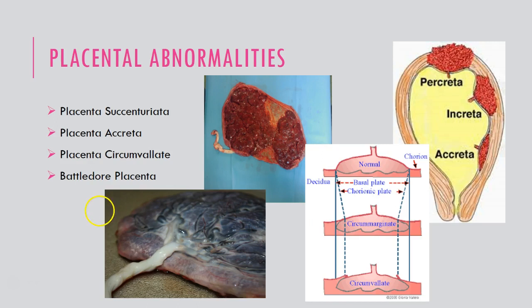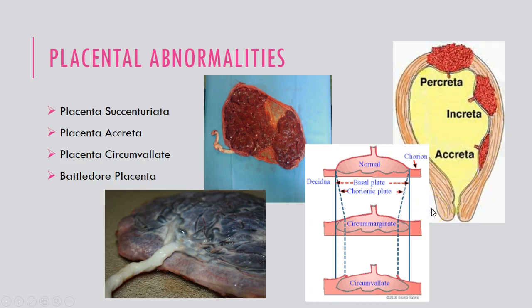If you look at this picture on the far right-hand side, a percreta is one that has implanted itself completely through the uterine wall. An increta has implanted itself into the myometrium kind of midway, and an accreta has implanted itself a little farther than it should have.